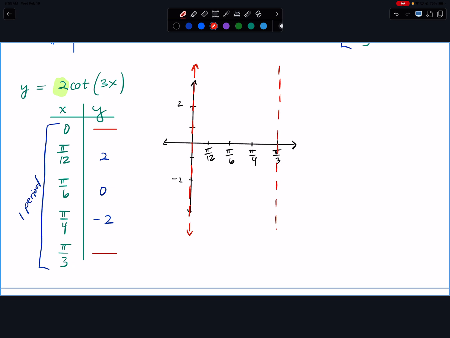Asymptote right here. And then at pi over 12, we have 2. Pi over 6, we have 0. Pi over 4, we have negative 2. So our graph should look something like that.